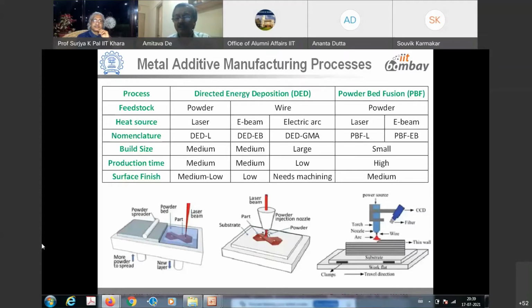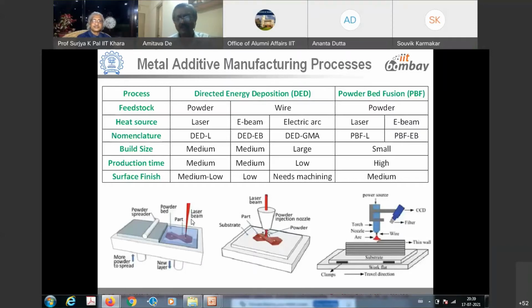In powder bed fusion, as the picture here shows, the powders are laid on a bed and a laser or a high energy beam is focused onto the desired regions of the powder, which gets sintered, and finally, layer by layer, it evolves into a three-dimensional part.